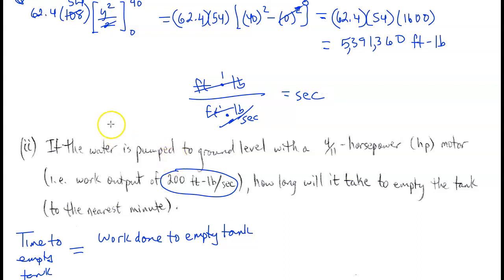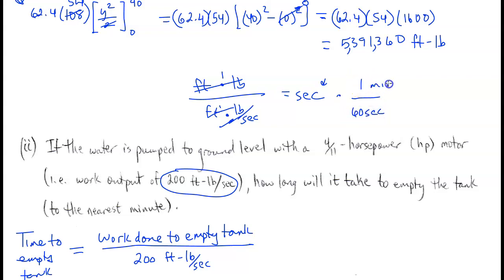So my point here is that if I take the work done that we found in part 1 and I divide this by 200 foot-pounds per second, what I'm going to get is my answer in seconds. Okay. Now, what I really want is my answer in minutes. And since I'm going to get my answer in seconds, I know that 60 seconds here is actually going to equal 1 minute.